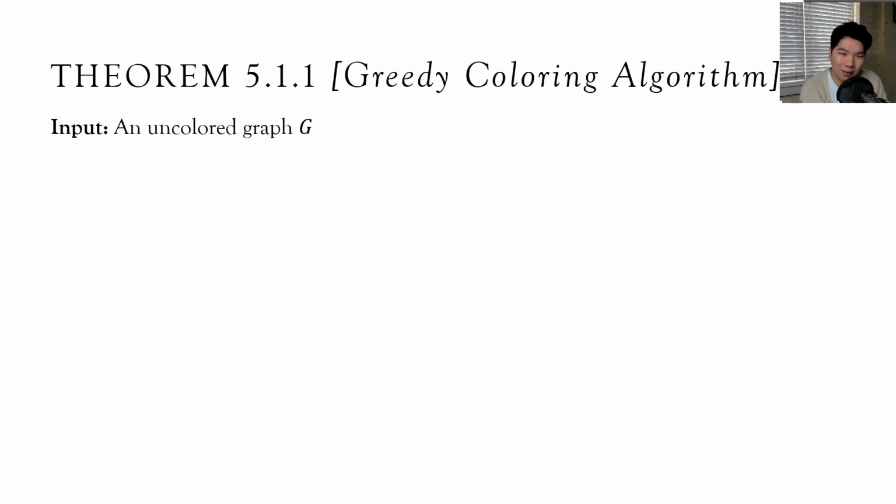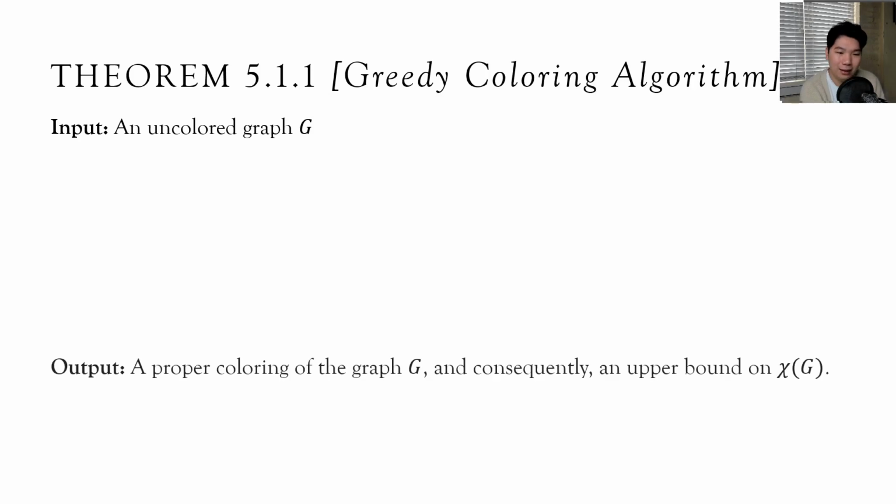So in this algorithm, our input is some uncolored graph G. I have not assigned any colors to any of my vertices yet. And as I said, the output or goal of this algorithm is giving me a proper coloring of the graph G, and consequently an upper bound on chi.